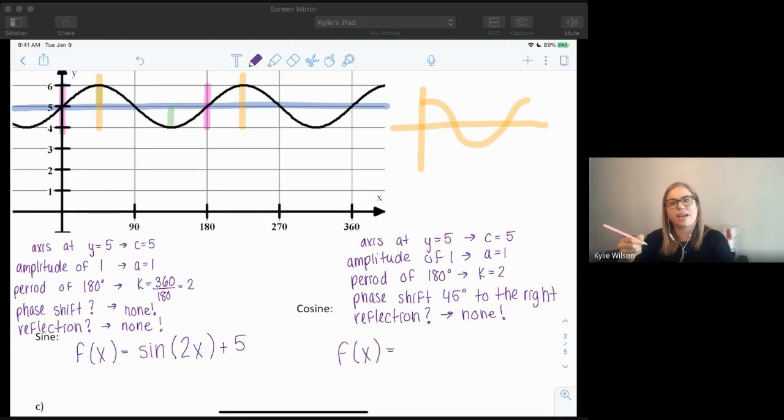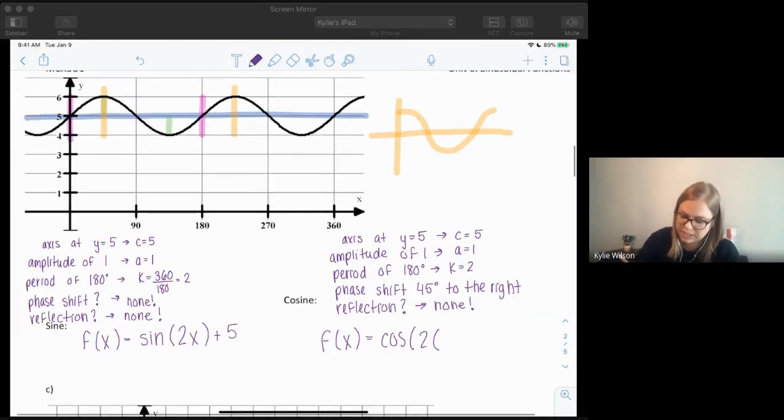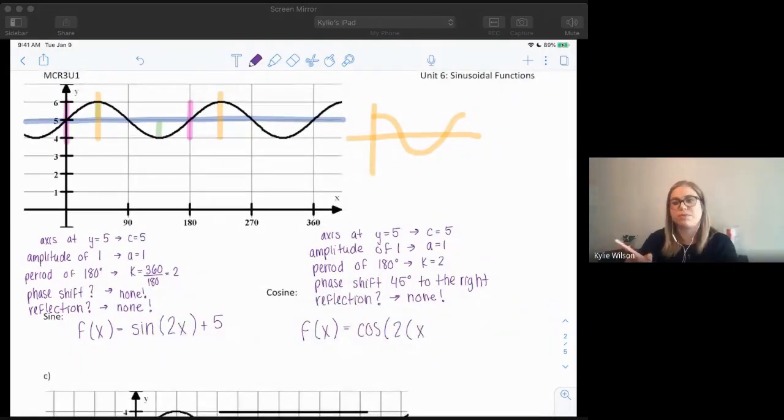Our A value is just 1, so I don't need to write it. Then my K value is 2. And now I do have a phase shift. Because we're moving 45 degrees to the right, it's going to appear negative in our equation. And then I have my little C value at the end.